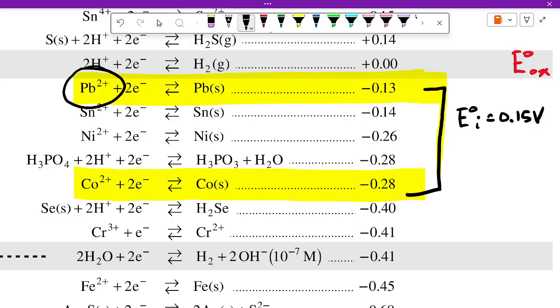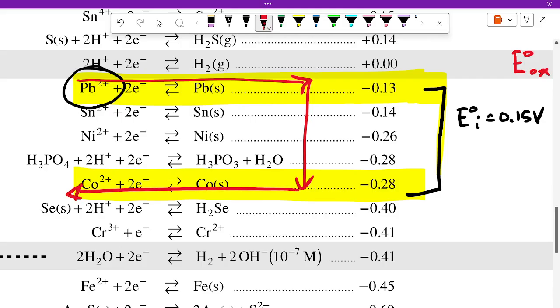It's going to decrease, yes? Because in a galvanic cell, I don't know if this is helpful to you at all, this is how I did it when I was in high school. I was always like, oh, okay, an electrochemical cell goes like this. We get energy out, and then it goes like that. I don't know if that's helpful to you, but that's how I always thought about electrochemical cells: the top reaction goes forward and the bottom reaction goes backward.